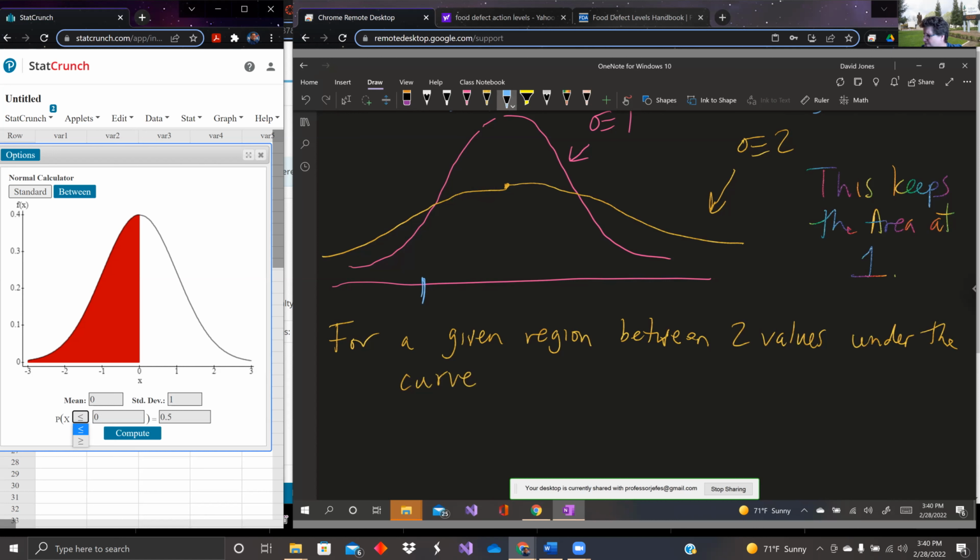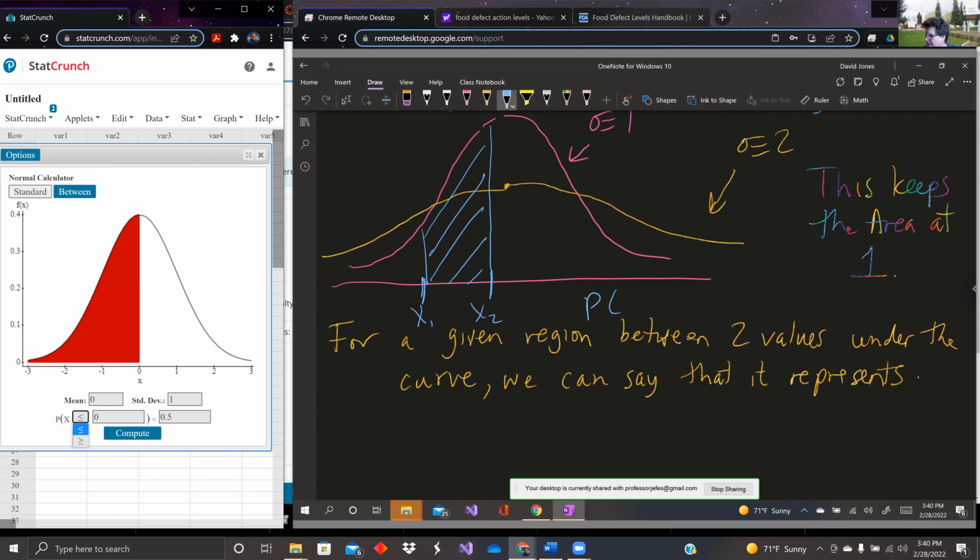Let's say we're going from this value to this value, so we're talking about that region right there, X1 and X2. For a given region under the bell curve, what I'm showing right here is the probability that X is between X1 and X2, like our between button has over here.